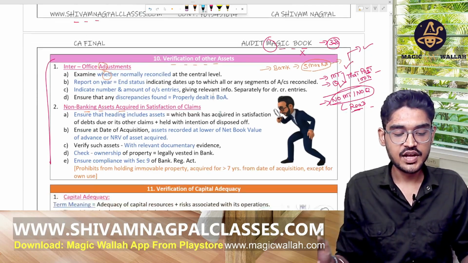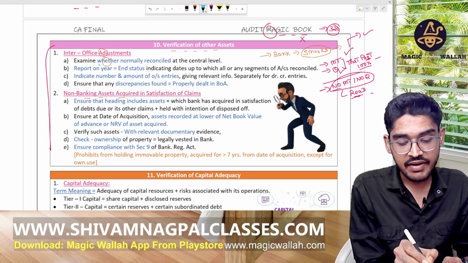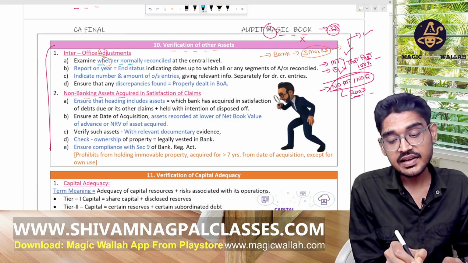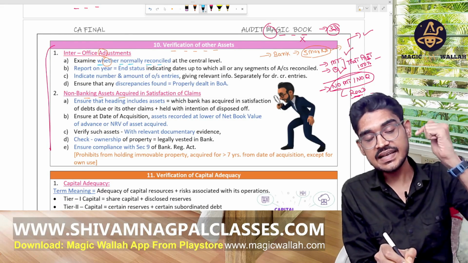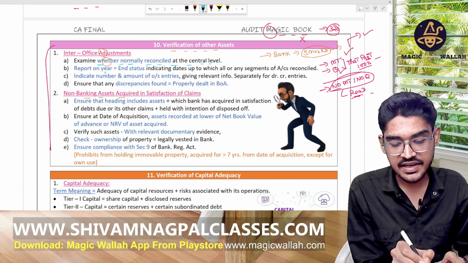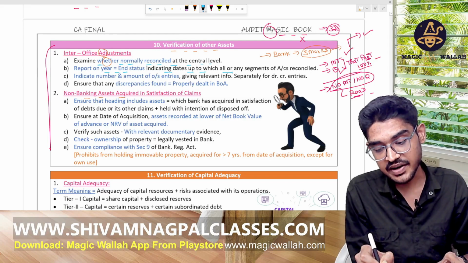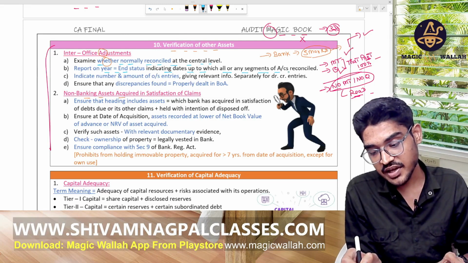See here. So how to check the inter-office adjustment? Examine whether normally it is reconciled at the central level and report on year-end status, indicating the dates up to which any segment of accounts is reconciled.